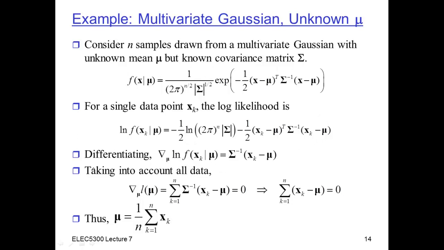But just intuitively, it shouldn't be surprising that the mean is indeed equal to the sample mean. Okay, so that's the case for the multivariate Gaussian. But in order to prove that, we have to do some extra work because things become more complicated. So we'll look at that next time.